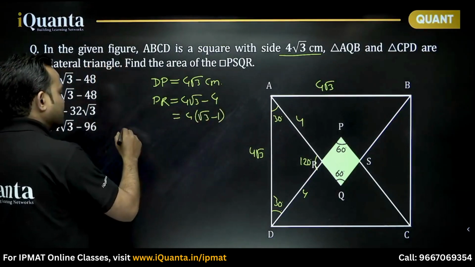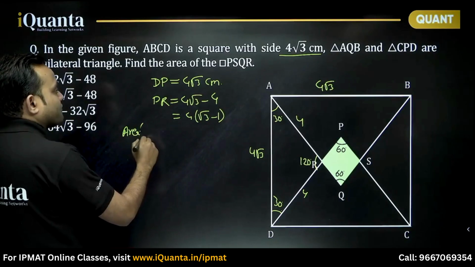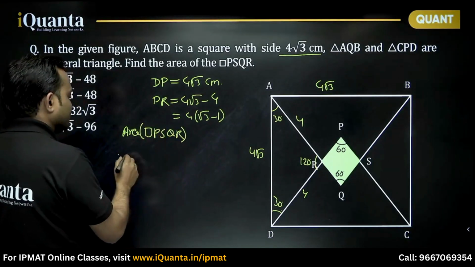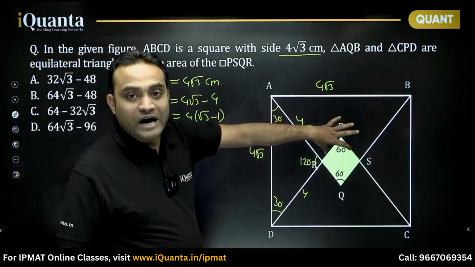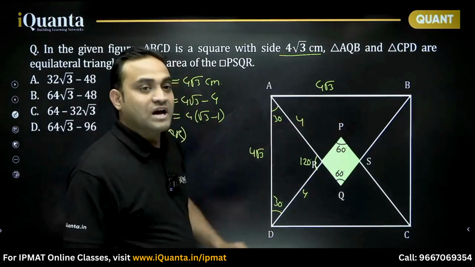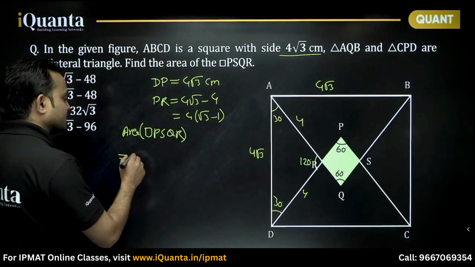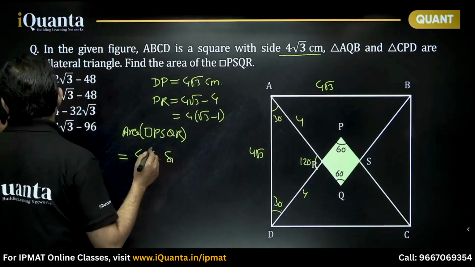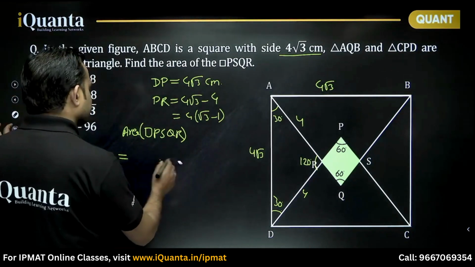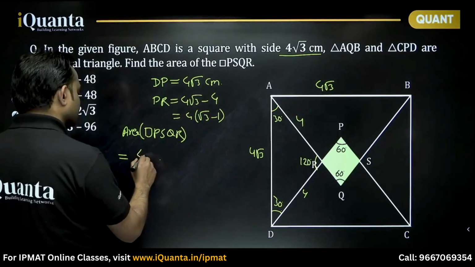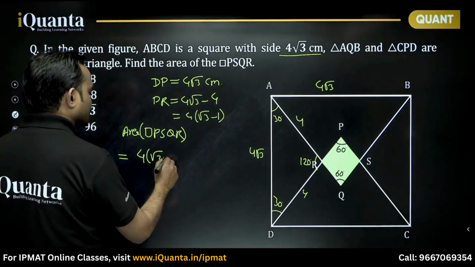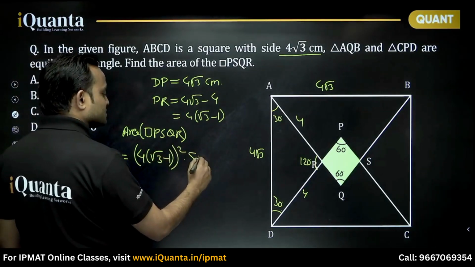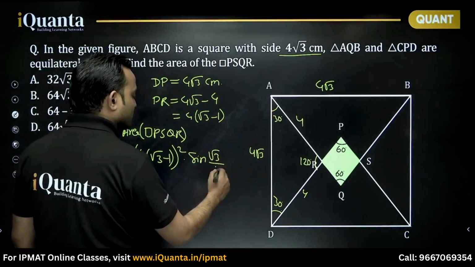So what will be the area of the rhombus PSQR? This will be equal to the product of two adjacent sides into the sine of the angle between them. So it will be equal to 4 into 4, not 4. The side length is 4 into root 3 minus 1. So 4 root 3 minus 1 square into sine 60, root 3 upon 2.